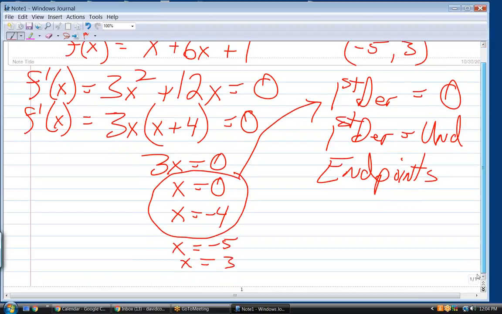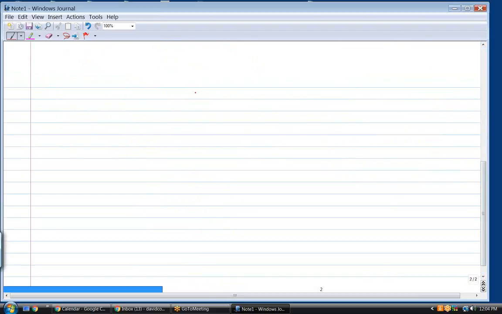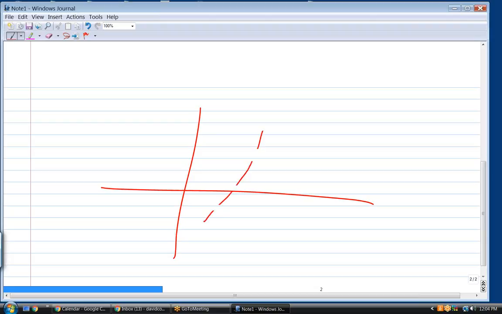The reason is that if you have a function that looks like this, and my interval goes from A to B, that doesn't represent an absolute maximum at all, nor does that represent an absolute minimum.